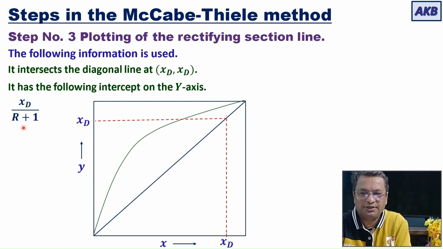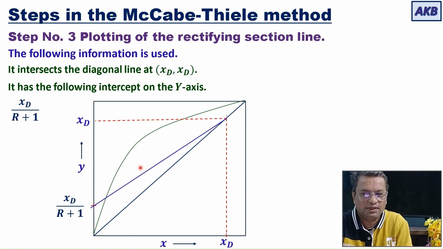Then I will locate the intercept. The intercept is xD upon R plus 1. Since all the values will be known to me, I can get this value. So that intercept will be located somewhere here; this is xD upon R plus 1. So I have two points, and now I know the rectifying section line passes through these two points.